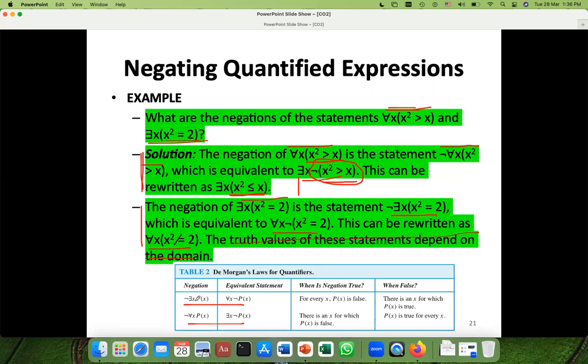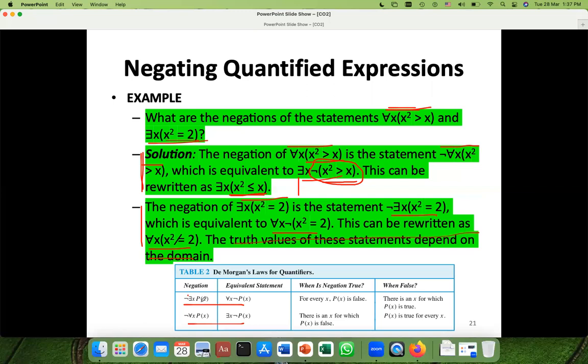Without negation, if I say there exists x for which p of x is true, it means there is one or more x for which p of x is true.